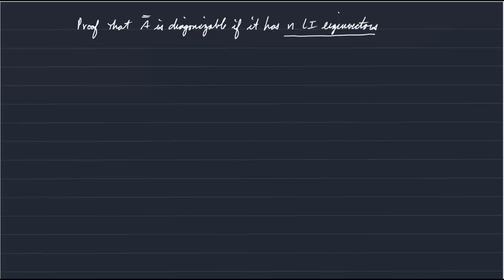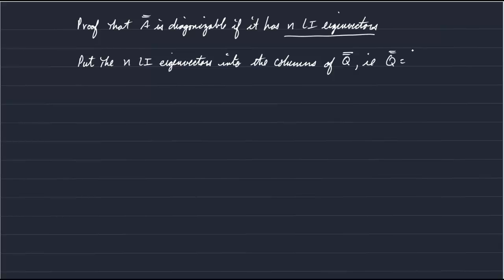Given that it has n linearly independent eigenvectors, let's put the n eigenvectors into the columns of Q. That is, Q has as the first column the first eigenvector, the second column the second eigenvector, and so on, all the way out to the nth eigenvector.